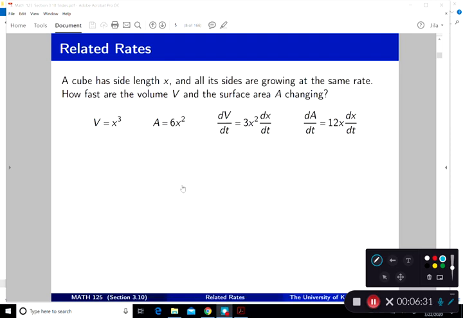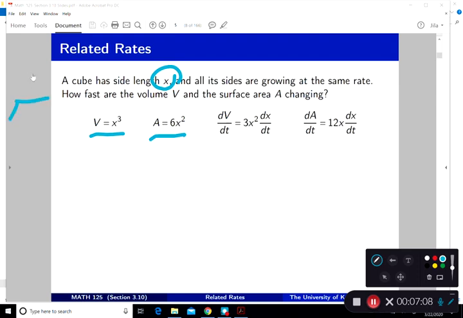Let's say a cube has sides of length x, and all sides are growing at the same rate. How fast are the volume V and the surface area A changing? And of course, we want to see if they are related at all or not. So what's the formula? First of all, I know both volume and surface area are related to the side of the cube.